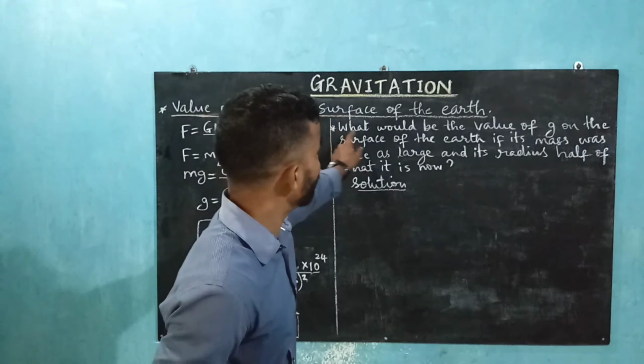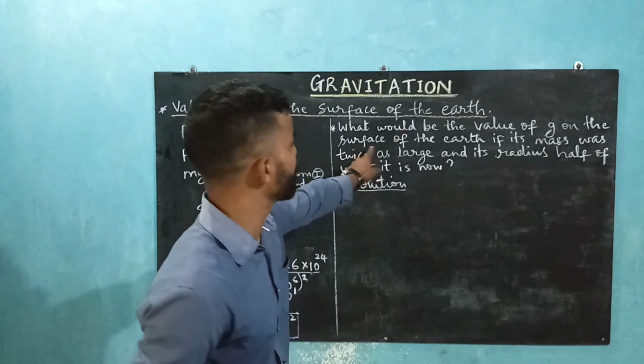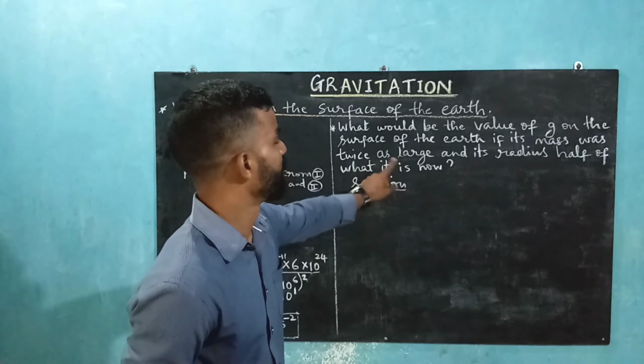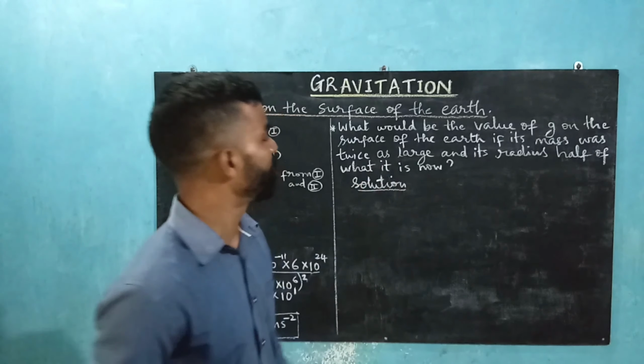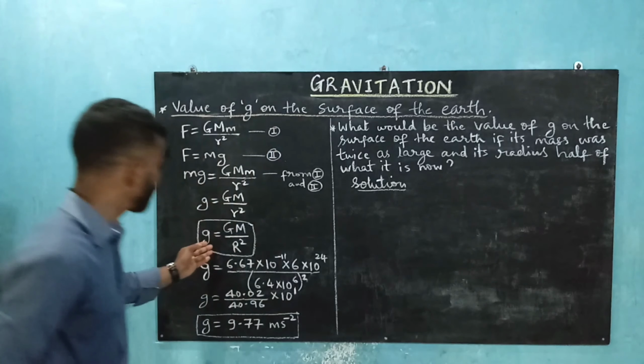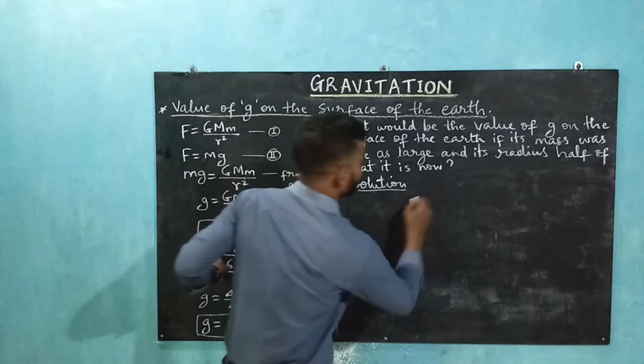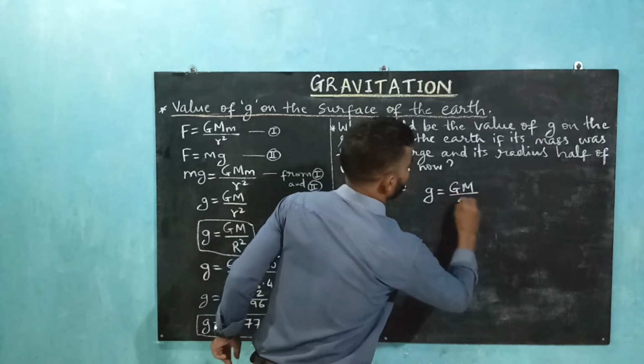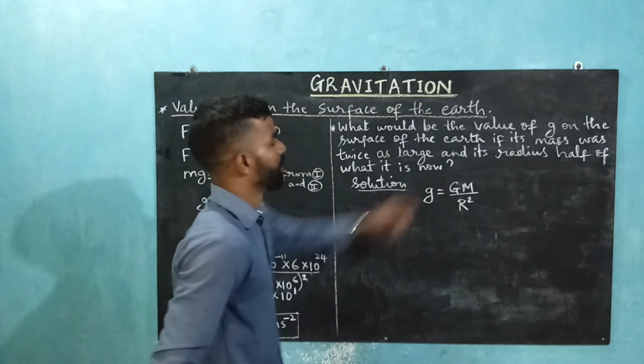So next, what would be the value of g on the surface of the earth if its mass was twice as large and its radius half of what it is now? So we have to take this formula for this problem. g is equal to GM divided by r square. What is given?